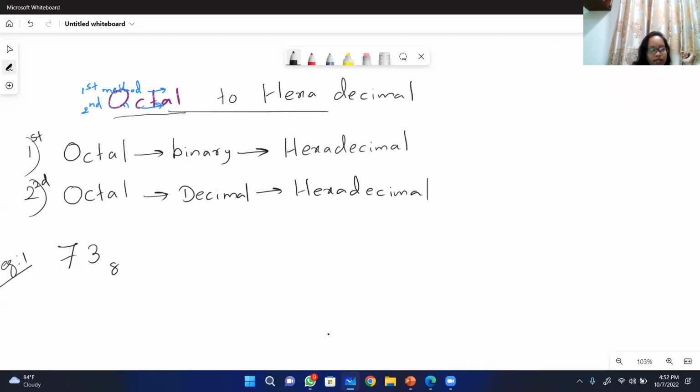Right, now I will follow the first method, right? There, what I have to do? I have to convert the given octal number into binary first, right?